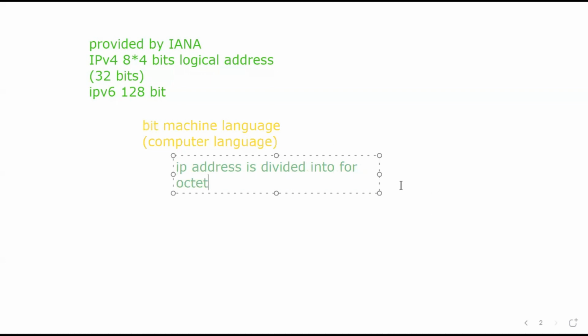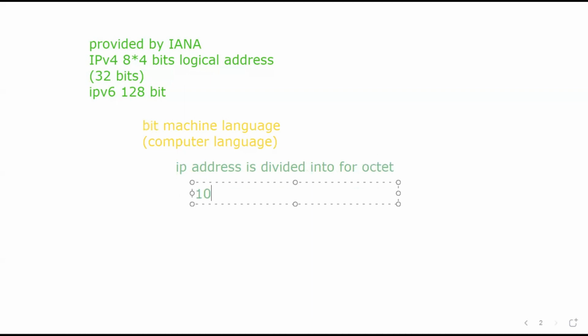Let me give you an example. This is our IP address: 103.106.5.127. This is our first octet, this is our second octet, this is our third octet, and this is our fourth octet.